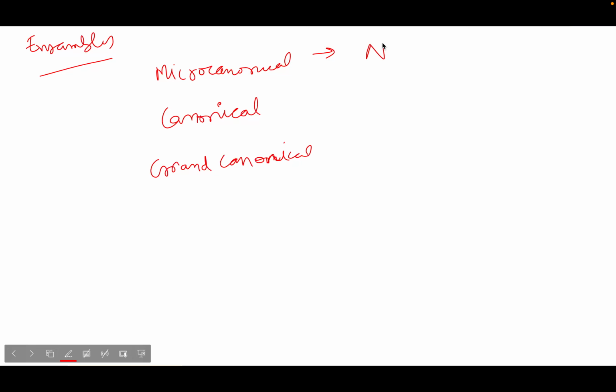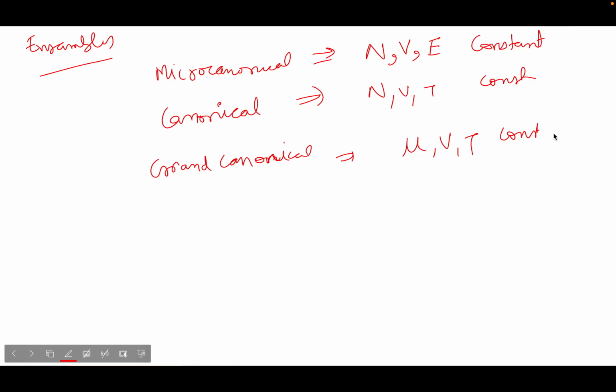For microcanonical, the number of particles, volume and energy are constant, NVE is constant. For canonical, NVT is constant. Temperature is constant, energy is not. And for grand canonical, mu V T is constant. Mu is the chemical potential.